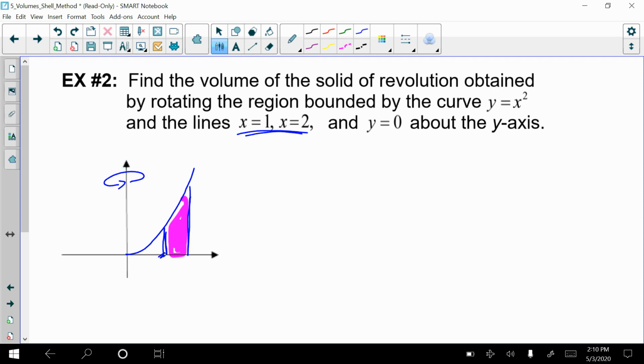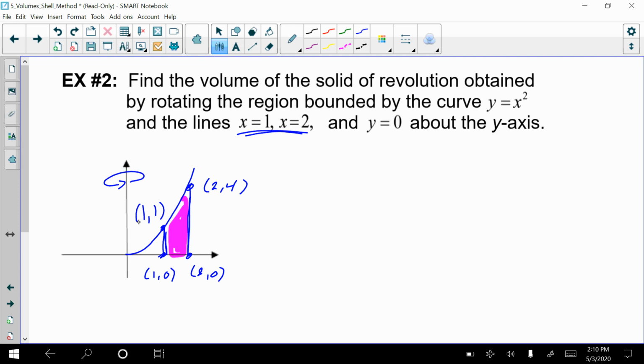So this point here will be (1, 0). This point here is going to be (2, 0). For the parent function of the quadratic here, when x is 2, y will be 4, and when x is 1, y will be 1.